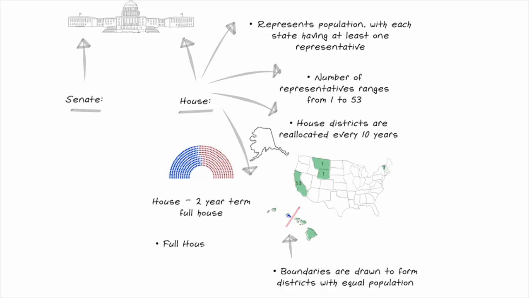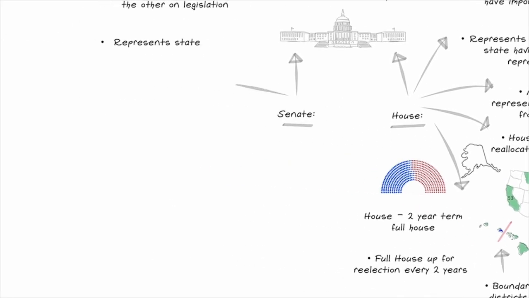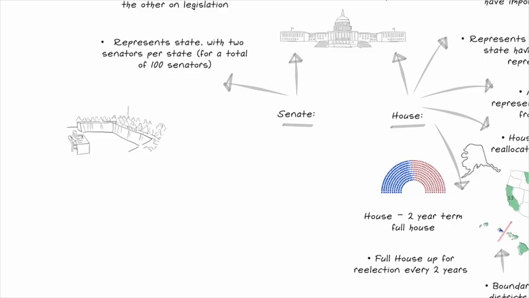Because of the frequency of elections, the proportional representation, and the accountability of each House representative to their specific district, the House of Representatives is the most democratic component of the federal government. Senators serve 6-year terms and are elected by their state as a whole, with each state receiving 2 senators.